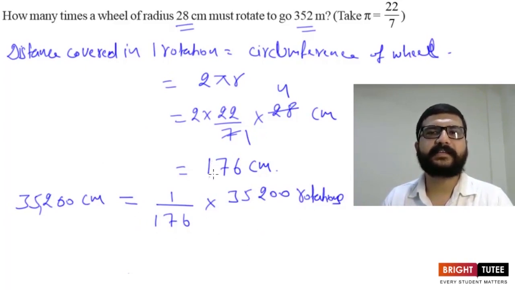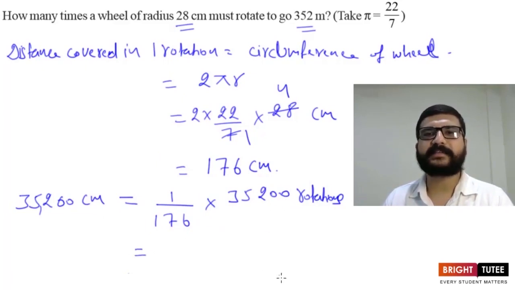Because here we have seen 176 centimeters means one rotation. So therefore 1 centimeter means 1 upon 176 rotations. And then 35,200 centimeters means 1 upon 176 into 35,200 rotations. By doing this, we will get the number of rotations.